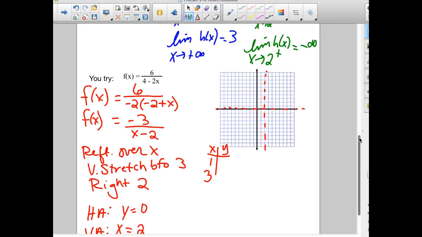And again, you can go back to the original function and plug them in. We've got 2 times 1, that's 2. 4 minus 2 is 2. 6 divided by 2 is 3. Putting a 3 in here, 2 times 3 is 6. We've got 4 minus 6. So negative 2. 6 divided by negative 2.